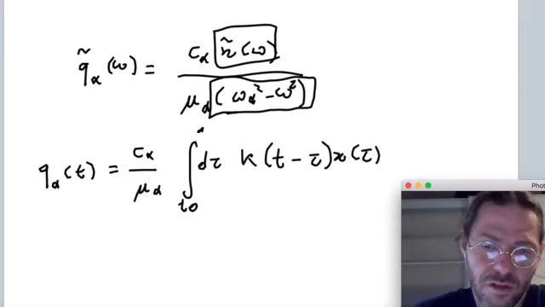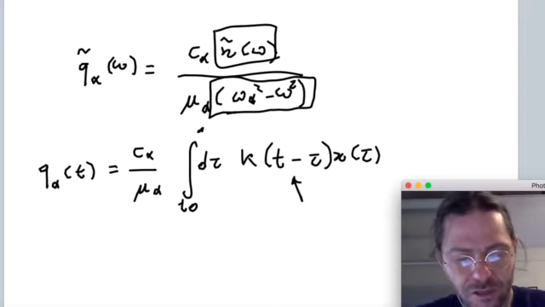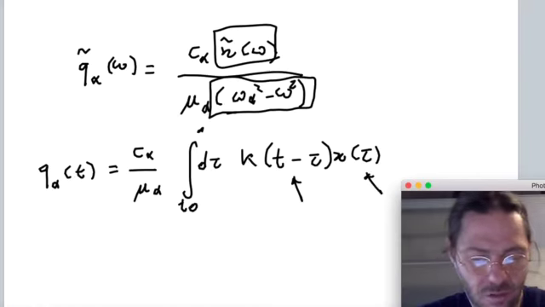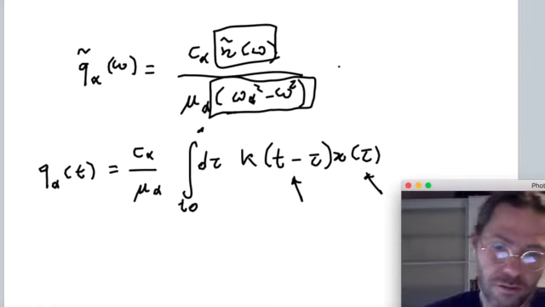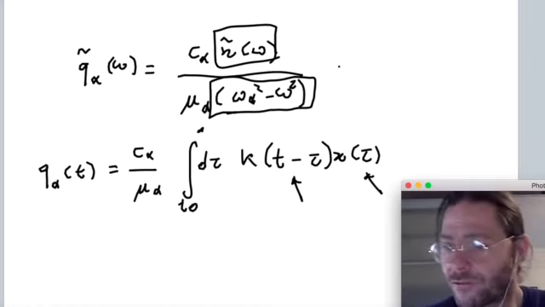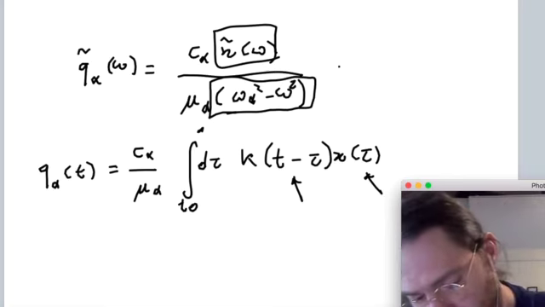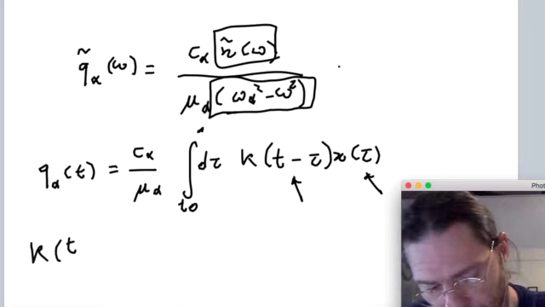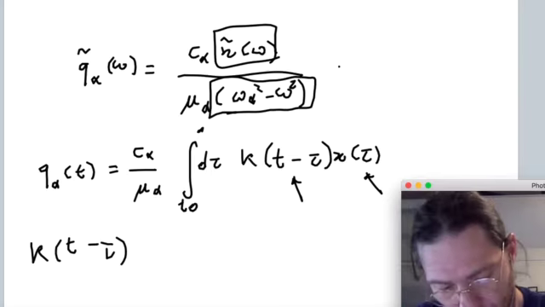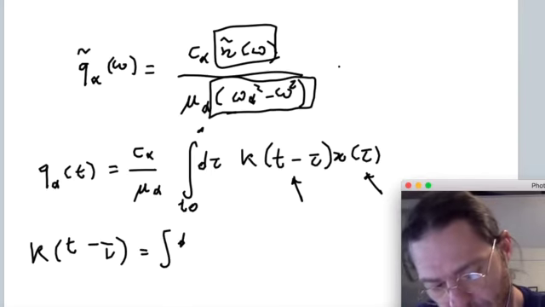And the convolution is the anti-Fourier transform of the kernel times the anti-Fourier transform of my function. And the kernel can be written explicitly in the following way. And let me write it in Fourier space.